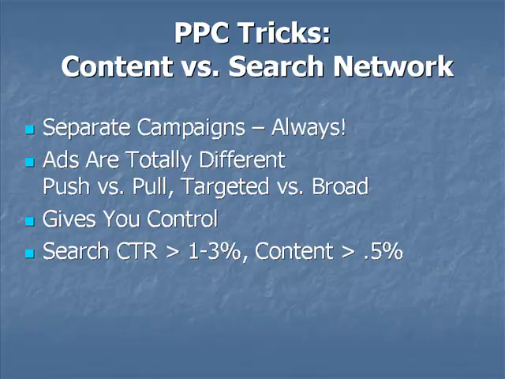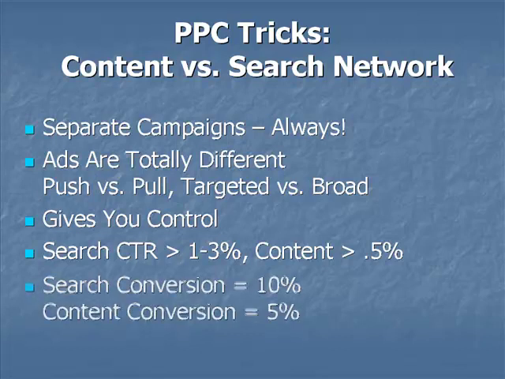But if your click-through rate was 0.6%, your search ads are definitely not performing high enough, but your content could be performing high enough, but you have no way of knowing which is which. So you're not able to optimize your campaigns because the statistics are very different. And so you need to know what the statistics are for each type of campaign, for each type of ad. So that is one example.